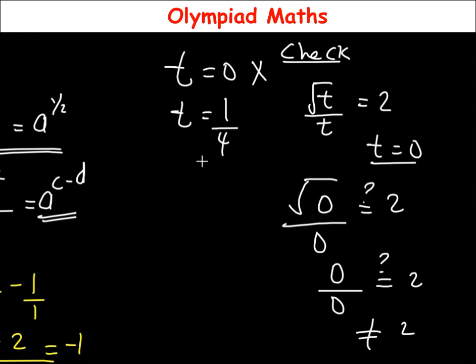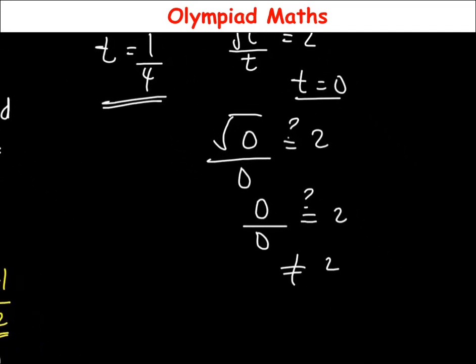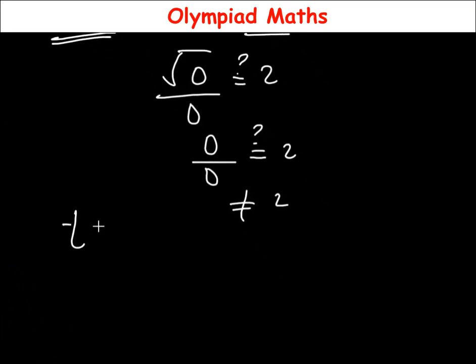Let's now test the other value of t, which is t equals 1 over 4. The equation is root t over t is equal to 2. Now in place of t, you can bring in 1 over 4.